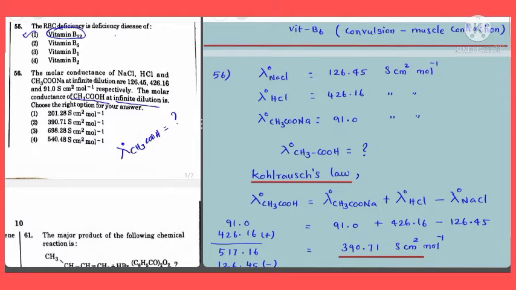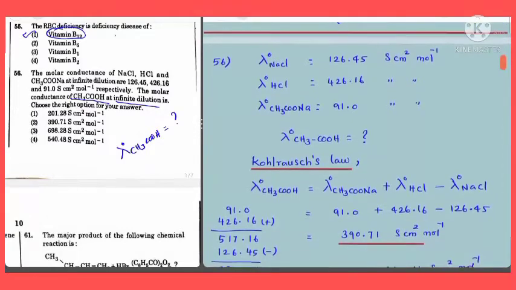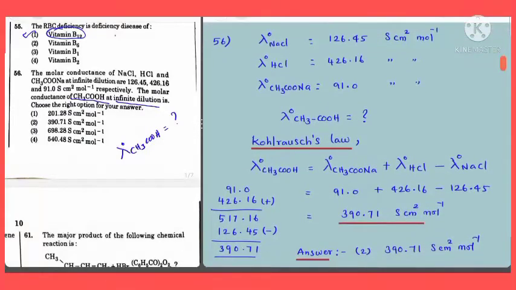But for weak electrolytes such as acetic acid, we cannot simply add the cationic and anionic conductances. So there you use Kohlrausch's law. According to Kohlrausch's law, lambda naught of acetic acid is equal to lambda naught of sodium acetate plus lambda naught of HCl minus lambda naught of NaCl.